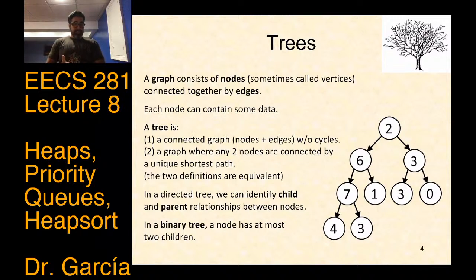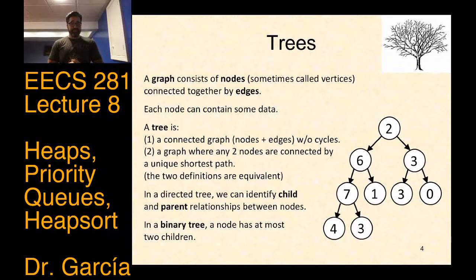In a directed tree, we can identify child and parent relationships between nodes. So effectively what that means is that in the nodes in the tree, you're keeping track of parents, right? And then, of course, if you have a tree node, you definitely have some children that you're pointing to from that node. And that's basically what we mean by a directed tree, which, for the most part in this lecture, is what we're going to be looking at.